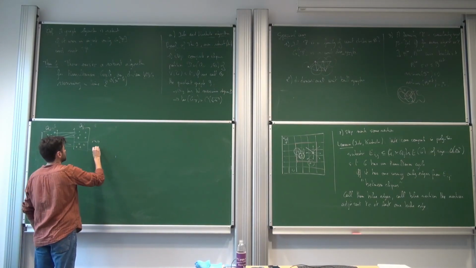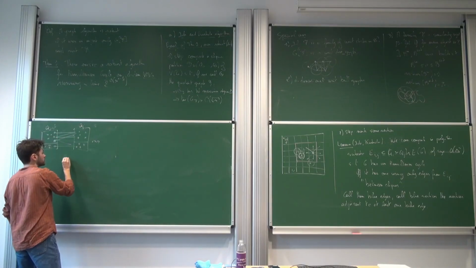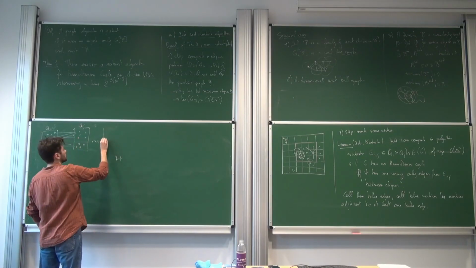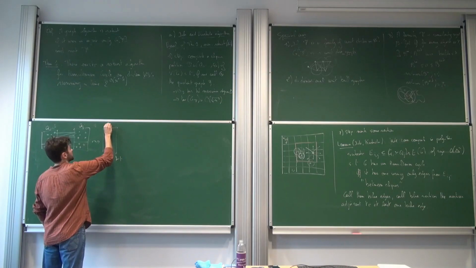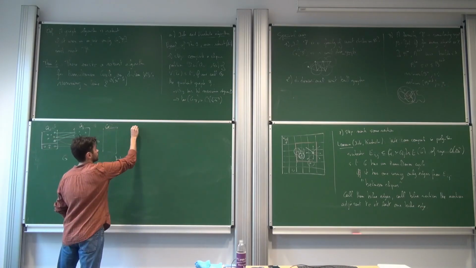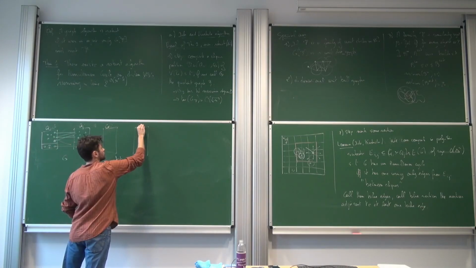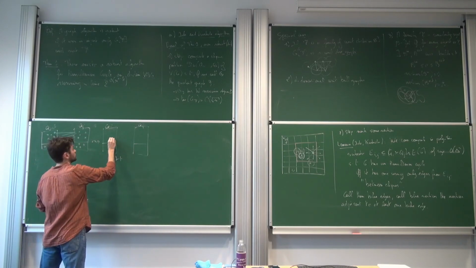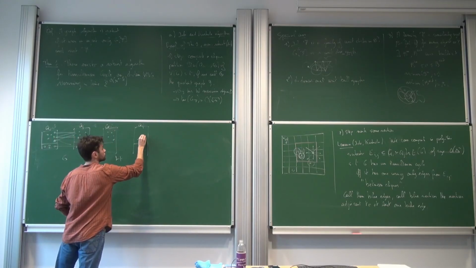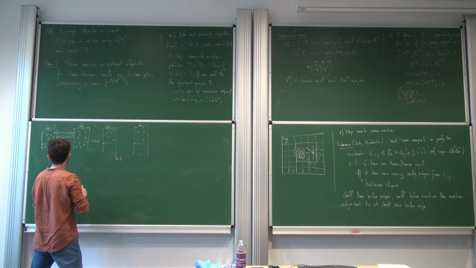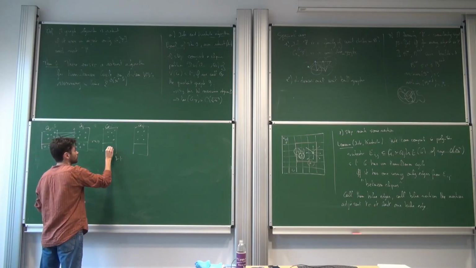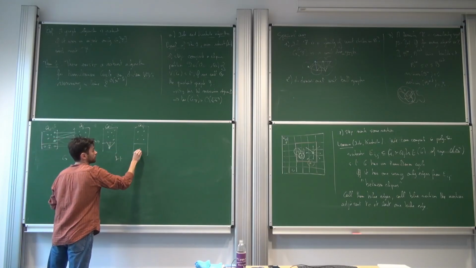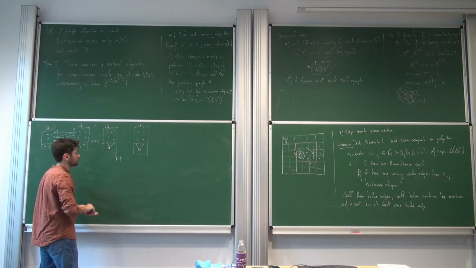This is G, now I construct H. We keep the blue vertices, so we have the same blue vertices 1, 2, 3, 4, 5, but the other ones we contract into only one vertex. And we keep only blue edges.